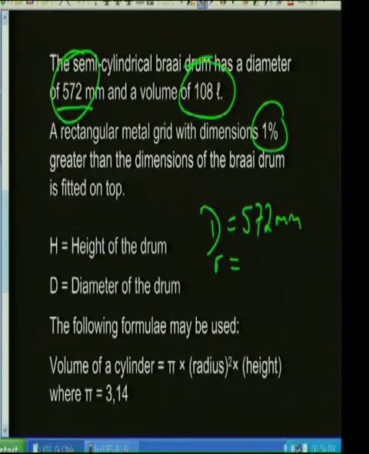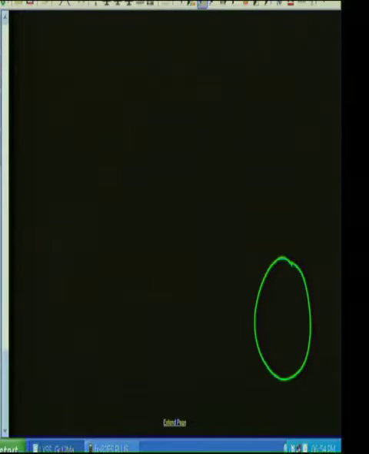Let's change it to radius. How do I calculate the radius, chaps? Radius is half the diameter, isn't it? Let's have a look here. Let's say if I were to draw it over here. I'm going to go right to the bottom of this page. Here I've got a circle. My radius is from the center of the circle to the circumference of the circle. In other words, from the center of the circle to the outside of the circle.